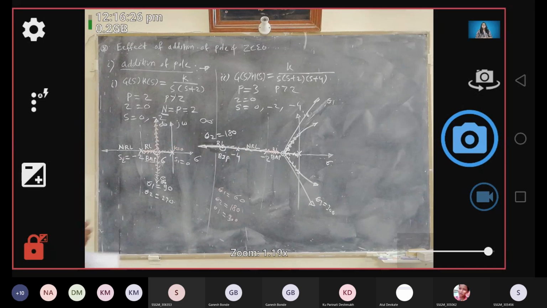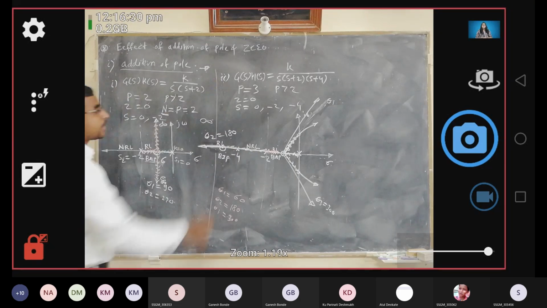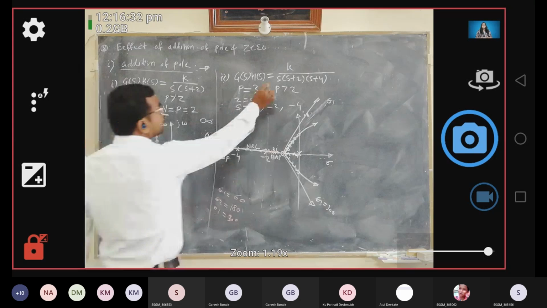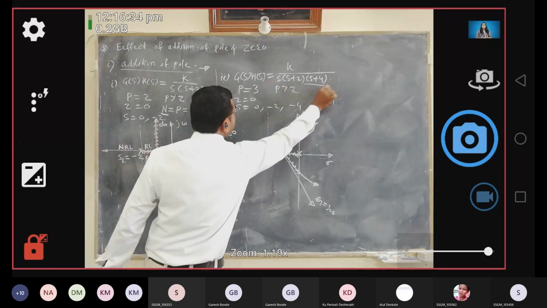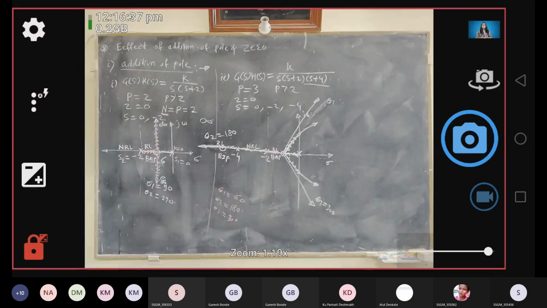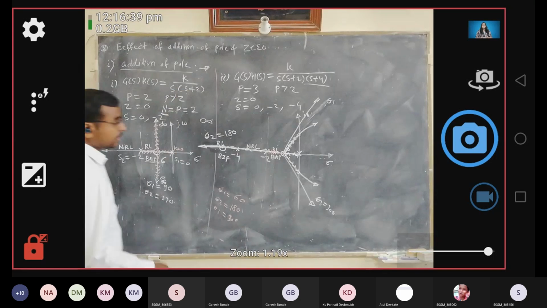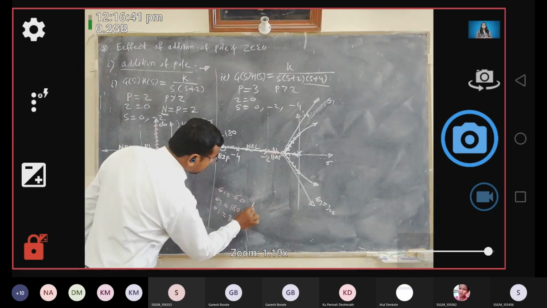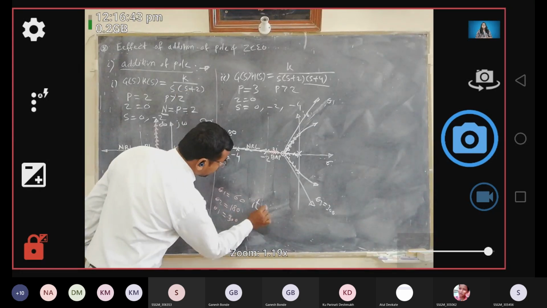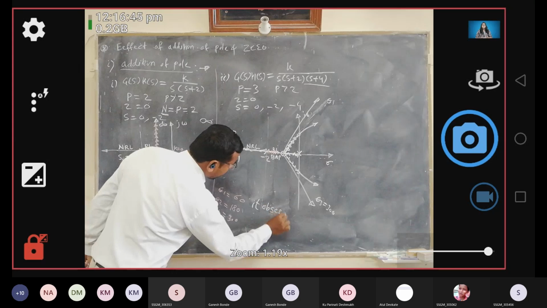So what is your comparison between this first example and second example? The effect of addition of poles. Here in this example, we have added a pole into the given transfer function. Let's write down the conclusion.